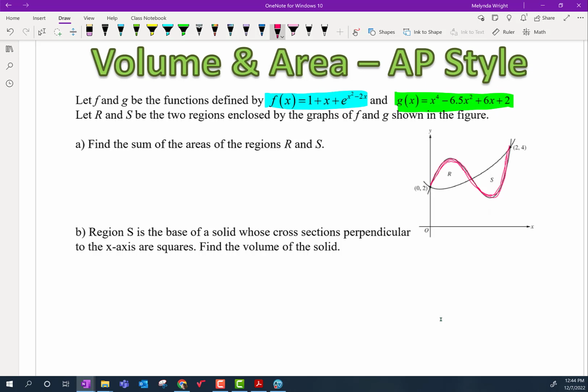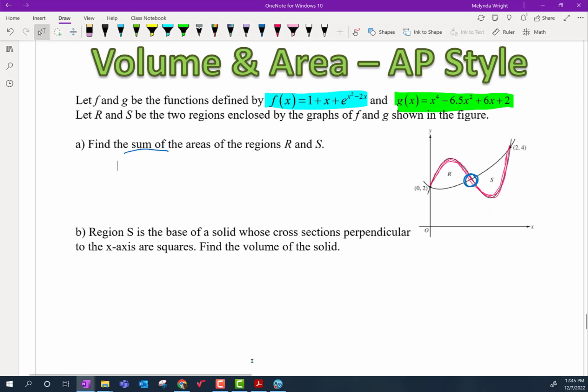So we're going to have to find this intersecting point, and we're going to actually have two integrals because the big changes places. And they want us to add those areas together. So let's think about our work. We need to graph them, figure out which one is the pink one, is that f or g, and find the intersection of the two.